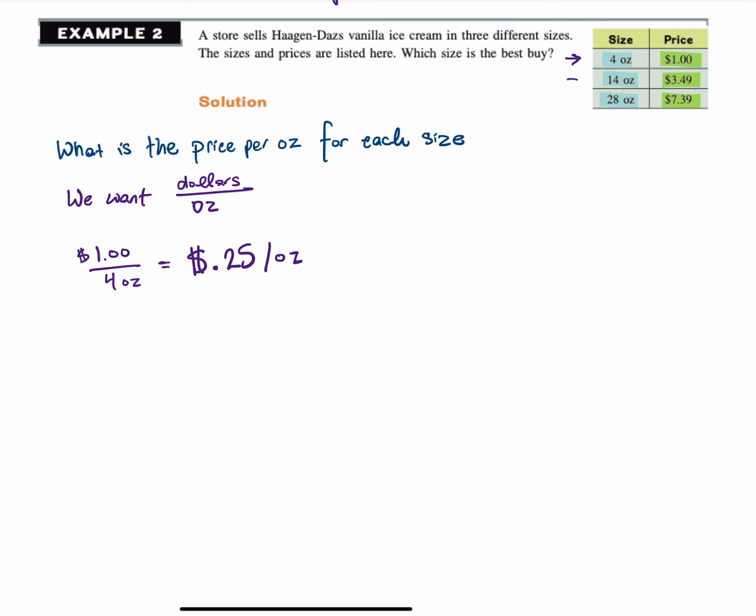Let's do the same thing for the second size. In this case, it's $3.49, and it is a 14-ounce size. So if you do the 3.49 divided by 14, you should get 0.249.